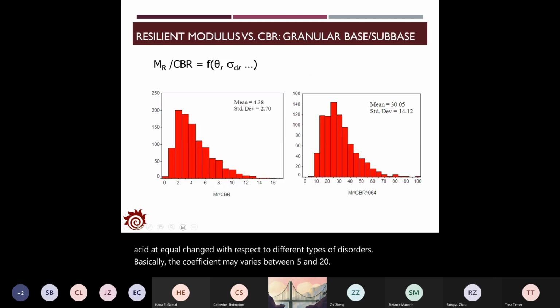And with all these models, we do some summary and generally find that there isn't a function to describe the relationship between MR divided by CBR and the features of the load applied to the soil, including the bulk stress, deviator stress, and moisture contents, and so on.